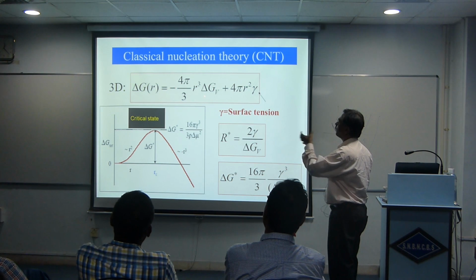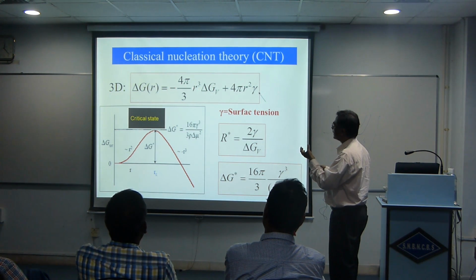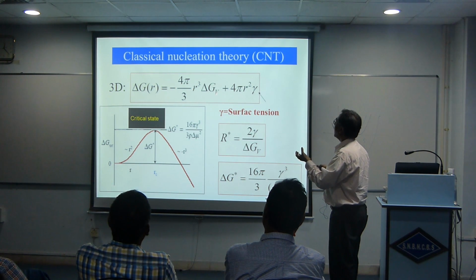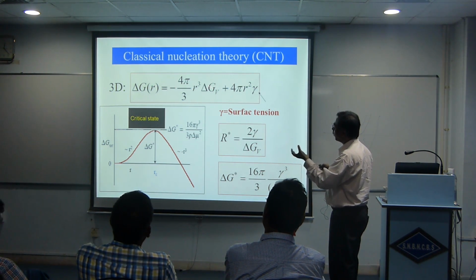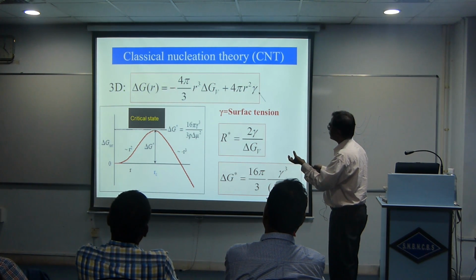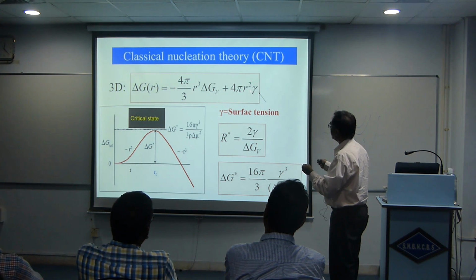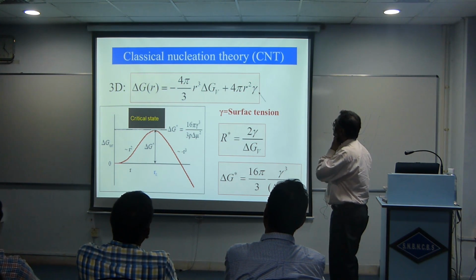I said there is a profit and a loss. So this is the profit, which is the volume, R is the size of the nucleus, and this is the free energy difference between the new and the old, and this is a gain, so there is a negative sign, and this is the surface tension term, this is the surface area. It's a very simple spherical model.